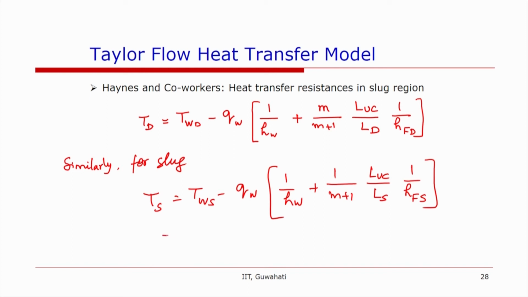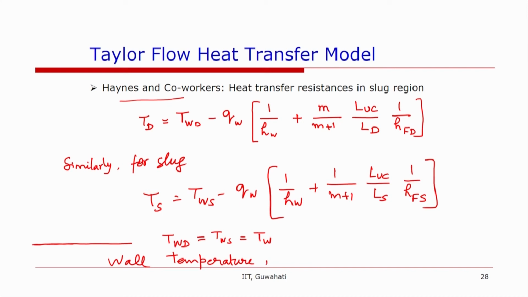So, another approximation we are going to make here, or what they have made in their correlation, is TWD is equal to T wall slug is equal to T wall. So, that means saying that the wall temperature is same in slug and bubble regions.